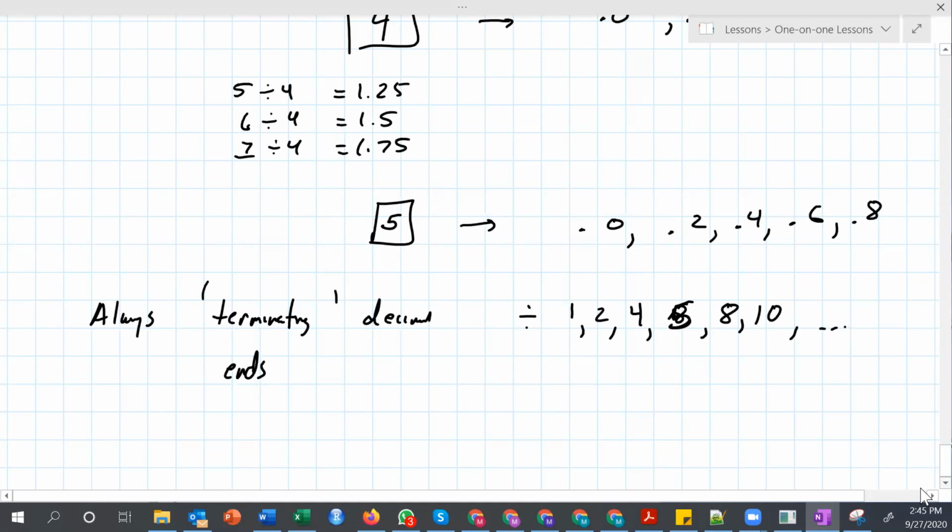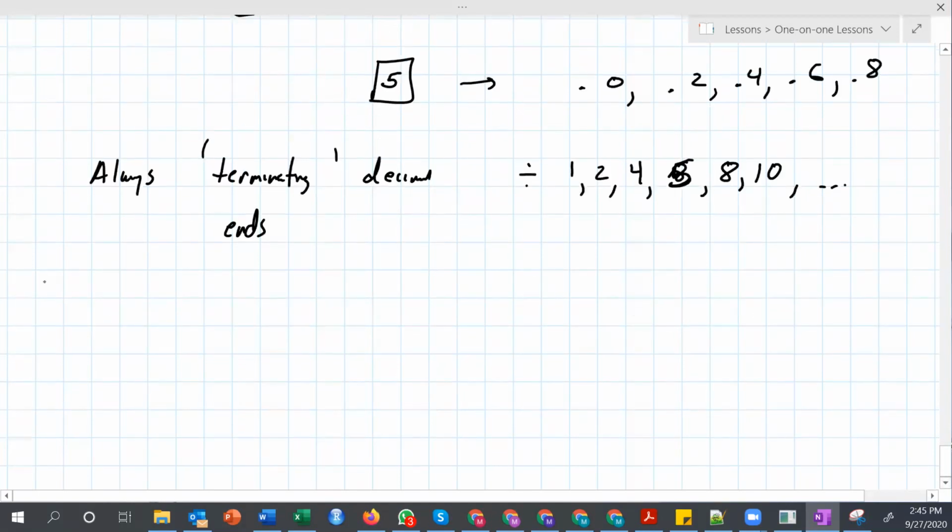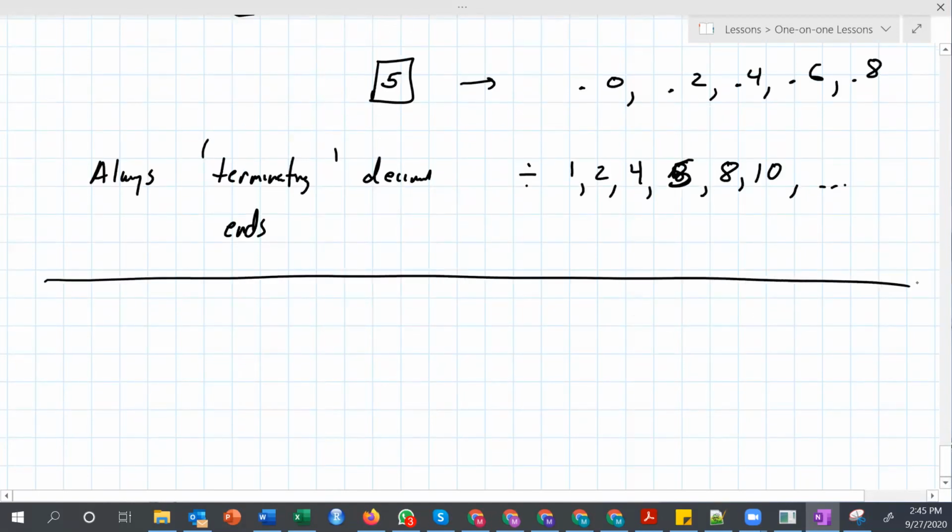So what's the first number that I've left out of this list? What's the number that comes after 2 but before 4? 3. So 3 is a non-terminating division. Here's why.